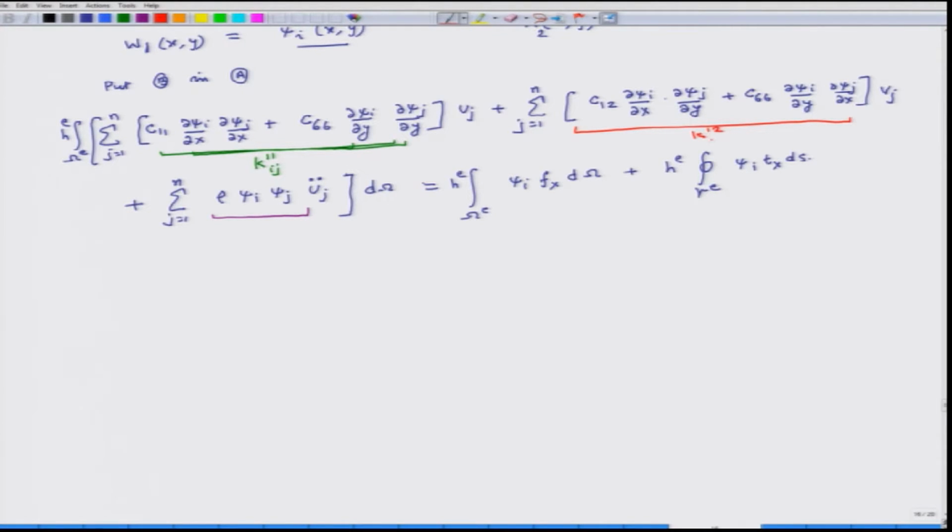Why is it k12? The first superscript corresponds to the first equilibrium equation, which is for the x direction. This entire equation is for x direction. So, the first superscript corresponds to the x direction equilibrium, and the second superscript corresponds to the second primary variable because it is multiplied by vj.